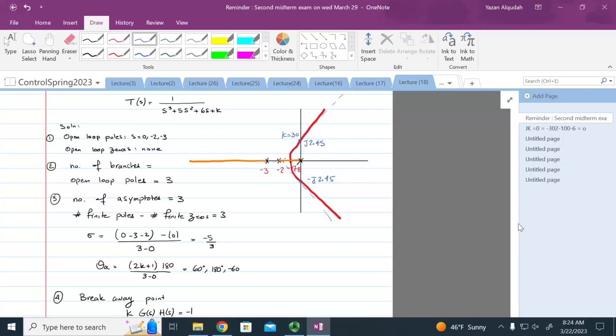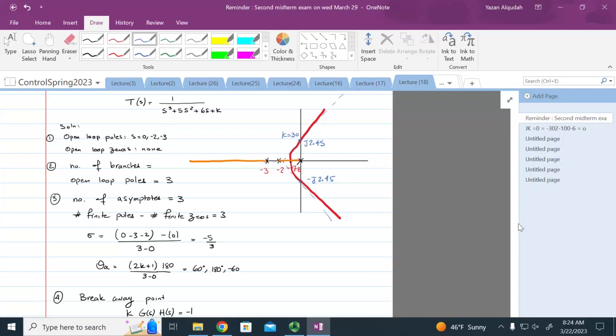Because when k is greater than 30, I'm going to be going to the right side. When k is small, we're starting at the poles, and I know I'm going to have my roots here, and then as I increase k, it's going to start going, and then crossing the j omega axis.